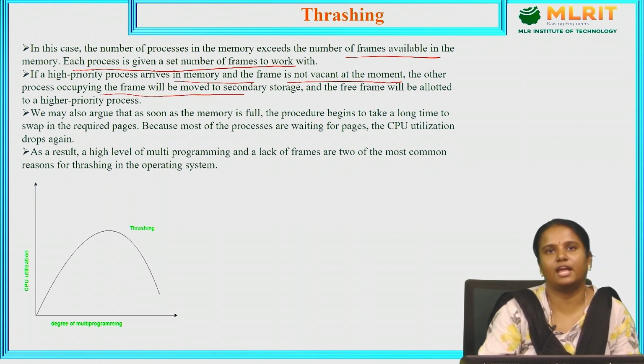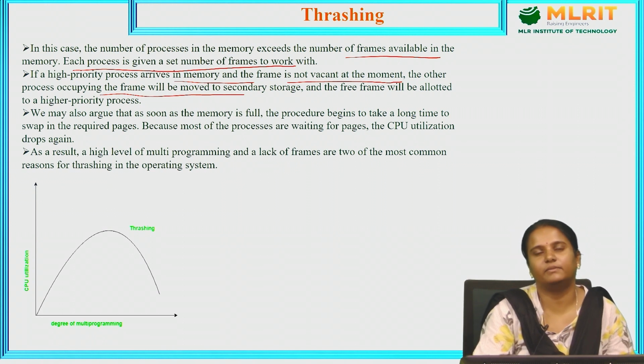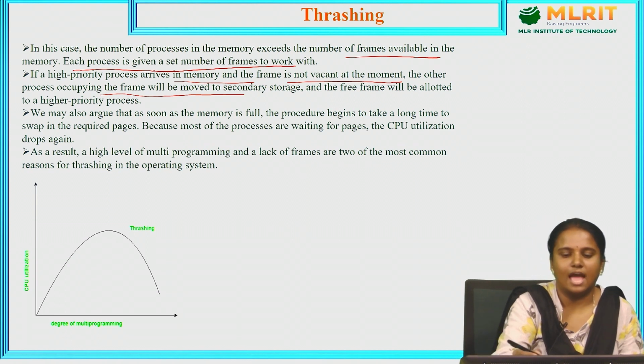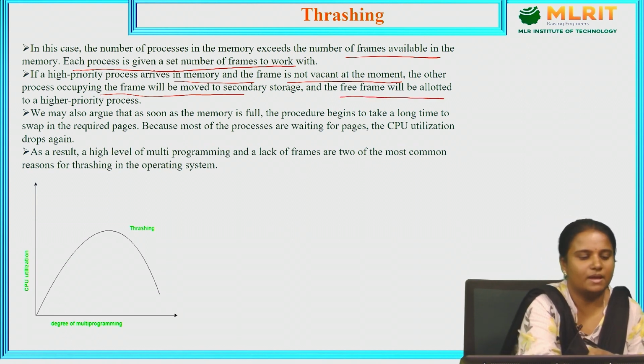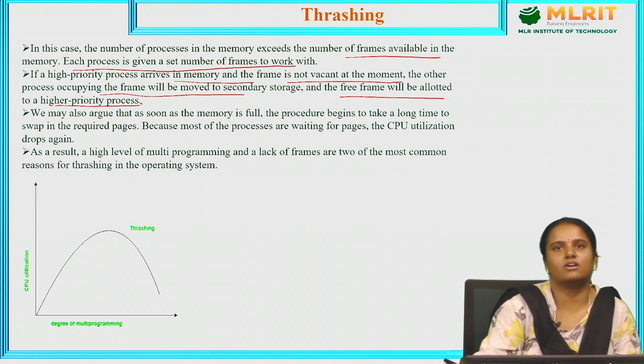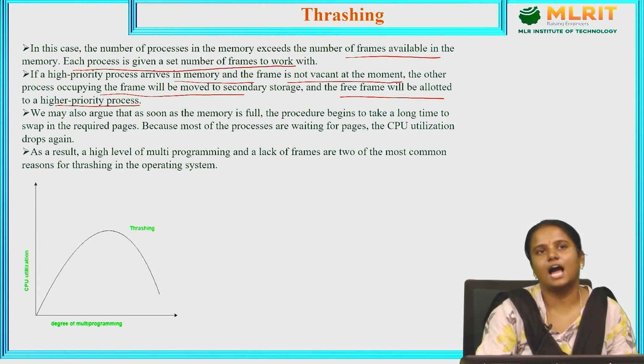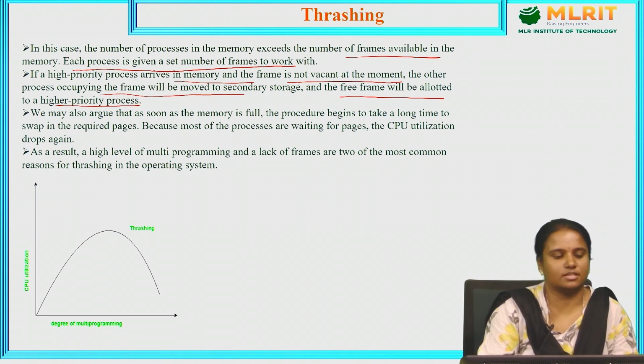The memory or the frame is full, so it is not vacant at the moment, then the process occupying the frame is removed to the secondary storage, and the free frame will be allocated to the high priority process.